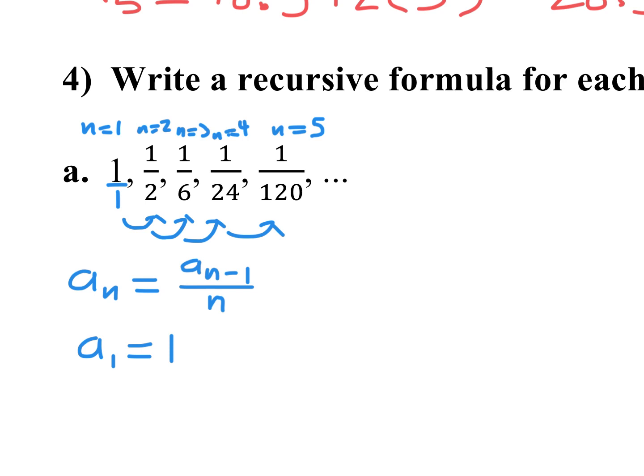And then for A3, it looks like only the denominator got multiplied by 3. When you multiply only the denominator by 3, that's the same thing as multiplying the number itself by 1/3. If you continue to plug in, you'll see that this works. We also have to say that this equation can be used starting when n is 2.